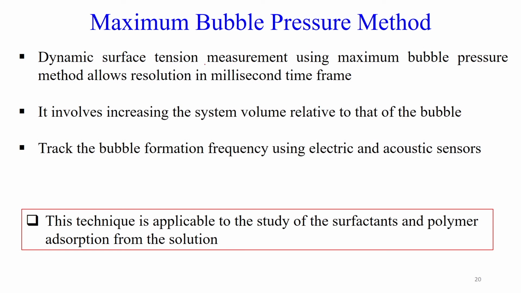So, this is dynamic surface tension measurement using the maximum bubble pressure method. What is the maximum pressure required to form a bubble, and its resolution, as I told, may be in the millisecond time frame. So, we require very advanced computer control devices.